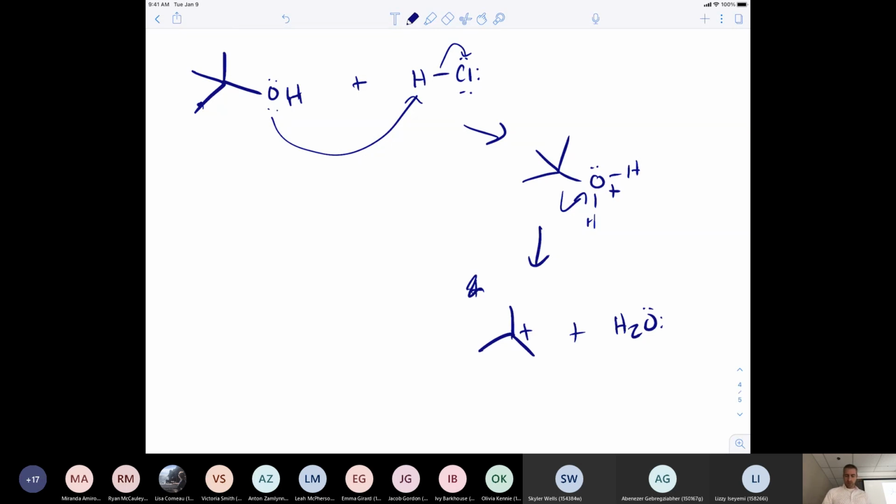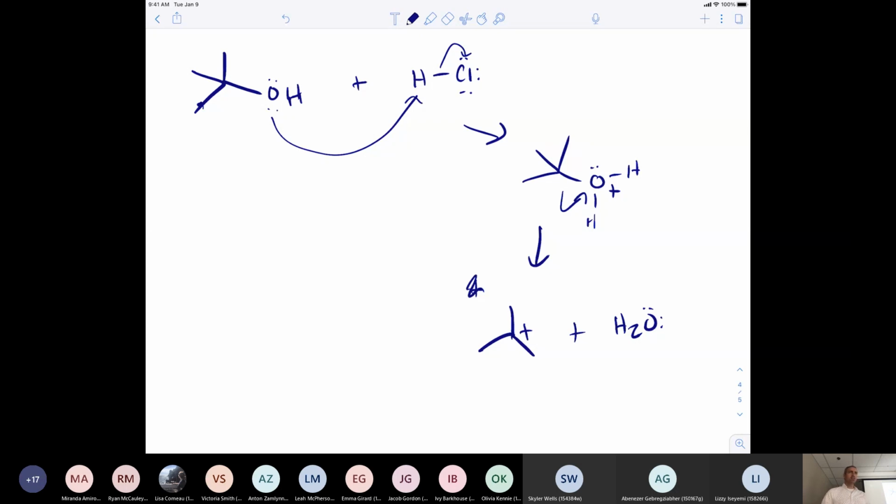Water can only leave if you have an alcohol that you protonate first. So you need a strong acid in order to cause that kind of a reaction. So there are other leaving groups that we can take advantage of, or at least take something that's on your molecule and turn it into a good leaving group. Because hydroxide's awful as a leaving group, but you can make it a good leaving group by protonating it.